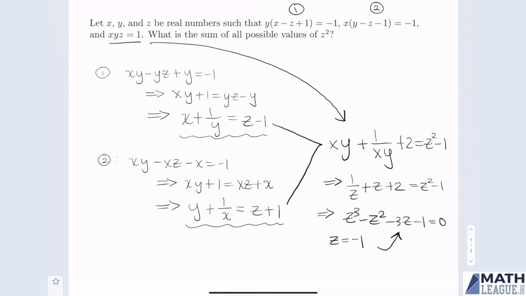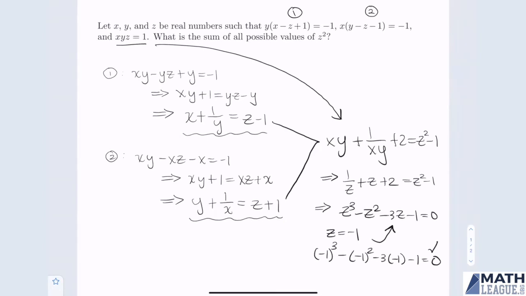Indeed, if you plug in z equals minus 1, we have minus 1 cubed minus 1 squared minus 3 times minus 1 is equal to 0. So this checks out.